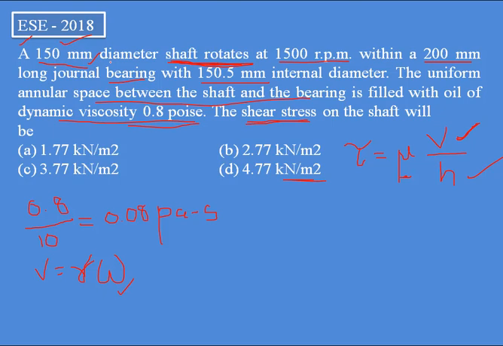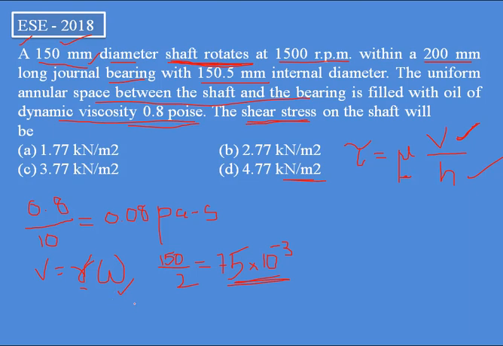But for the radius, we have to do 150 divided by 2, which is 75, so the radius is 75 mm. To convert that into meters, just multiply by 10 to the power of minus 3. What you're going to get is the radius in terms of meters.